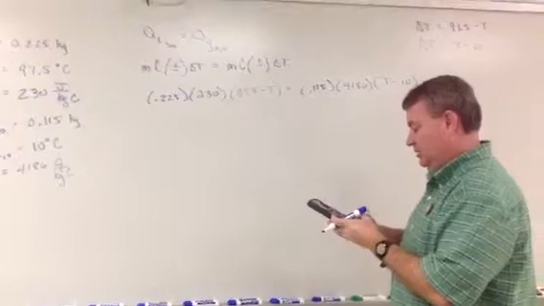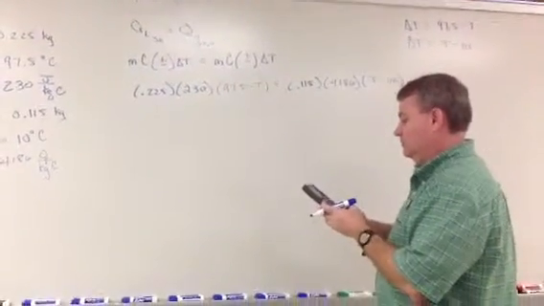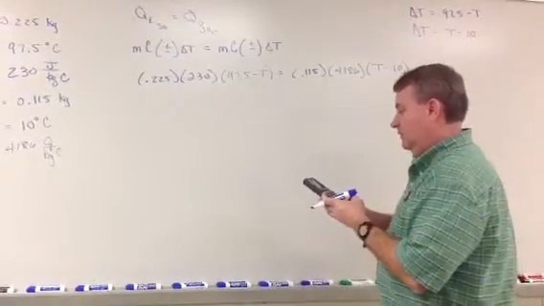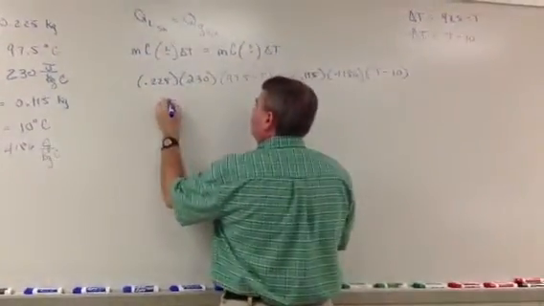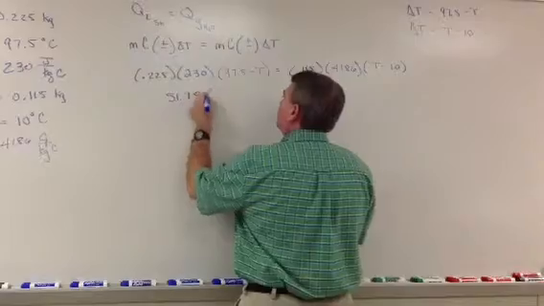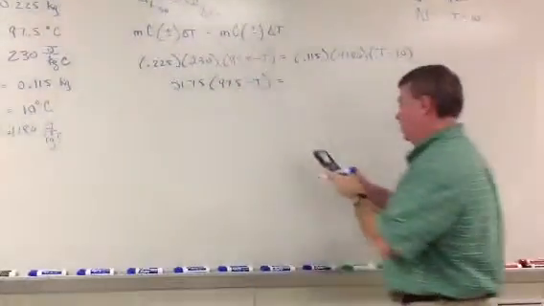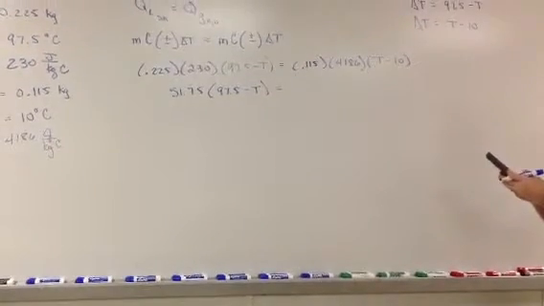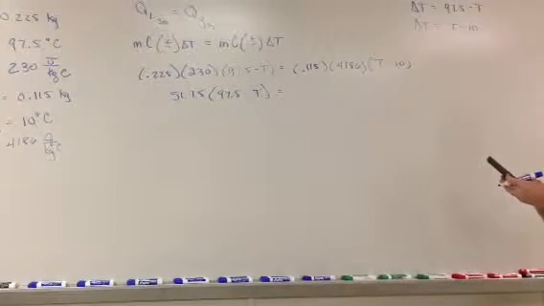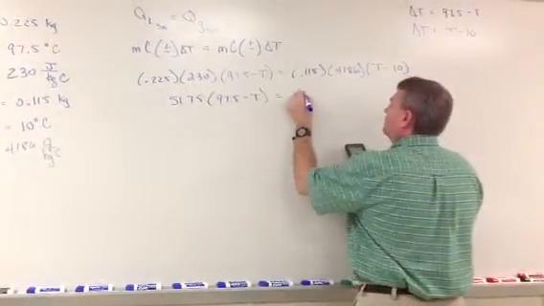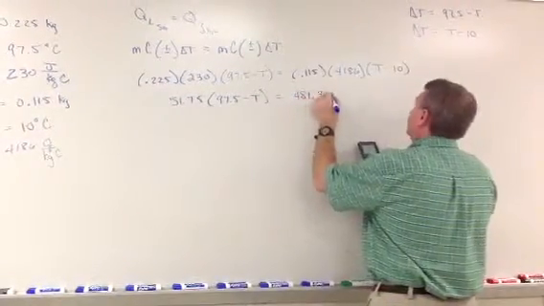0.225 times 230 gives us 51.75. And that's 97.5 minus T is equal to 0.115 times 4186. And that's 481.39.